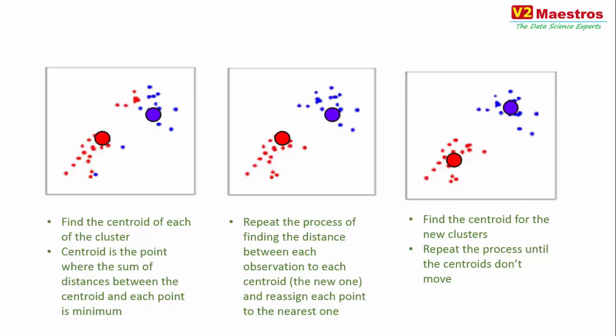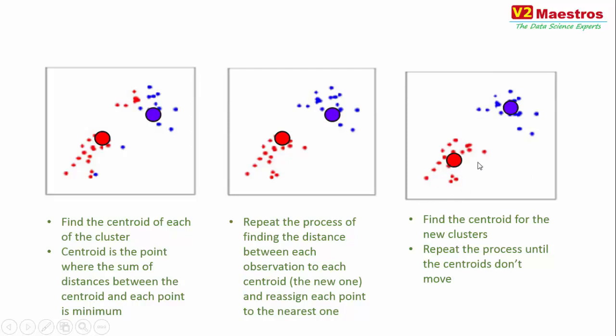When the points no longer move between clusters. It stops when the centroids become stable, they don't move anymore, and the points don't move between clusters. That is the place where the clustering process has come to a standstill, and that is where you get the real clusters. In this case, the points are really spread out from each other. So within a few iterations, you have arrived at the final outcome of the centroids and the points.